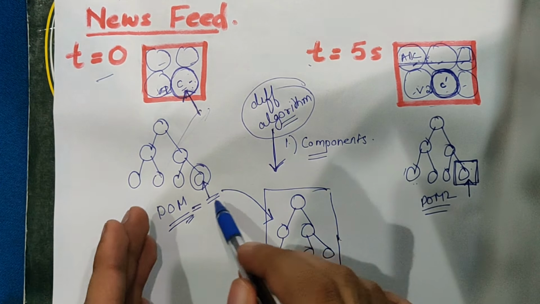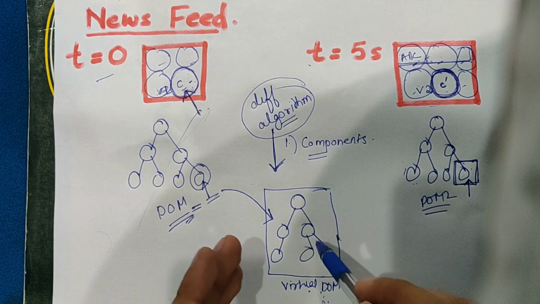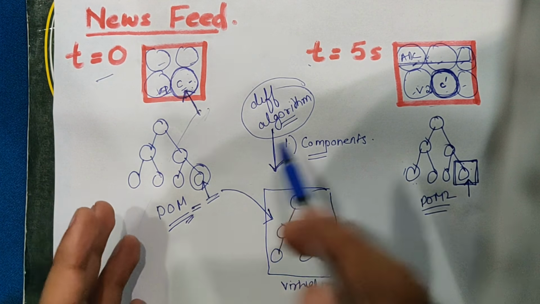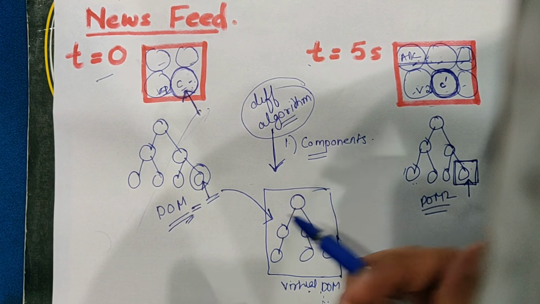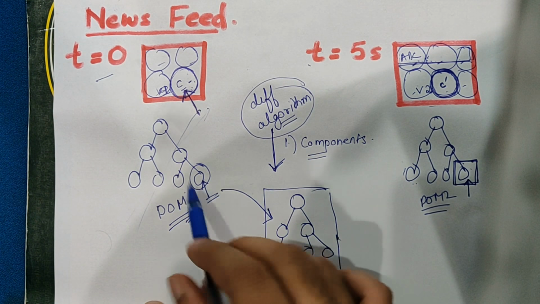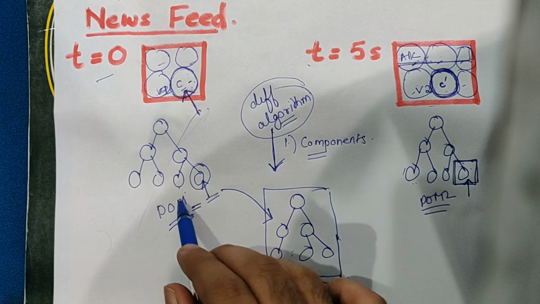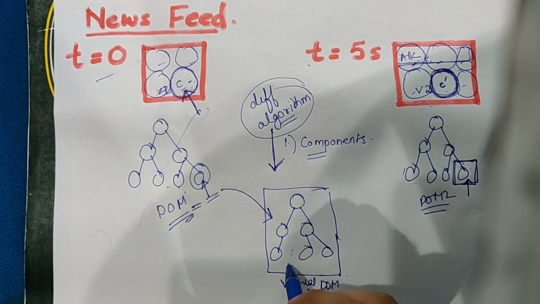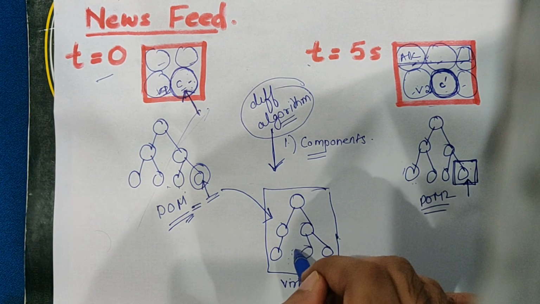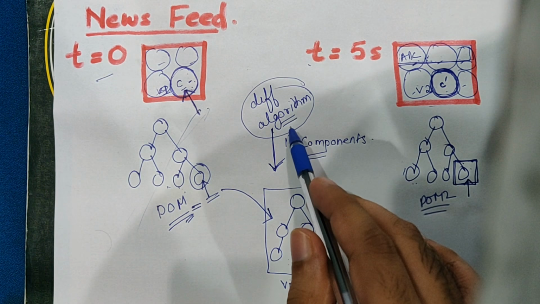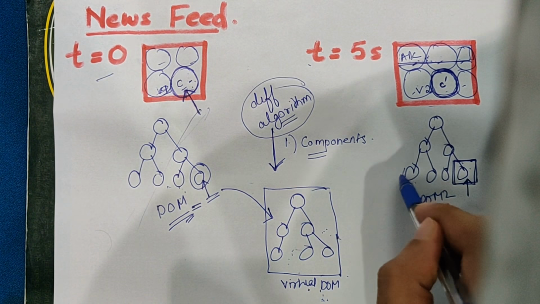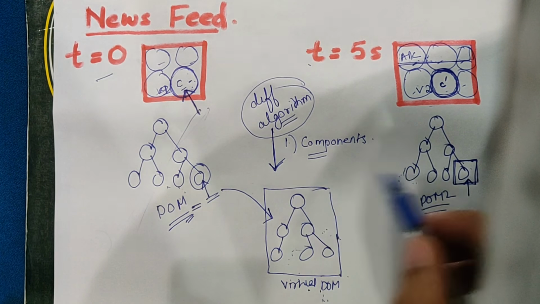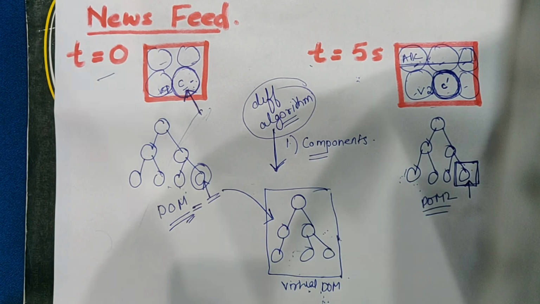So React just changes this DOM and keeps it inside the memory, and now it calculates the differences between the old DOM and the virtual DOM. After calculating the differences through a special diff algorithm, only the differences will be updated into the actual DOM, which we will be seeing at t equal to 5 seconds.